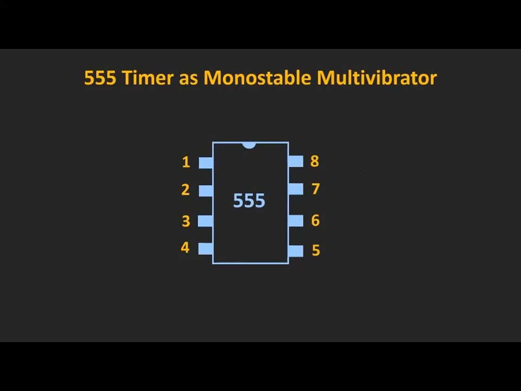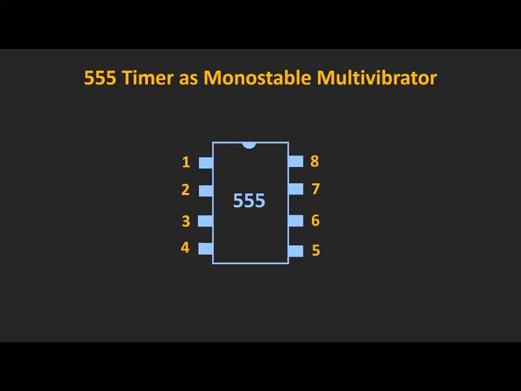Every multivibrator has two states. In monostable, only a single state is stable, whereas the other state is not a stable state. That means the other state depends upon the time period.